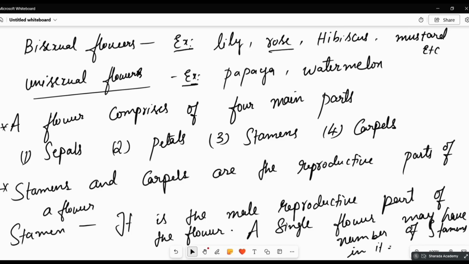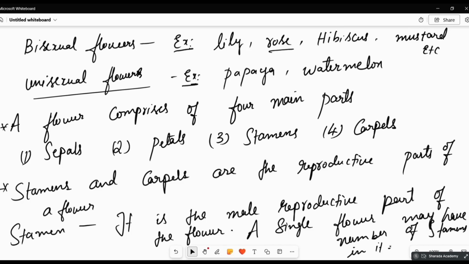Stamens. This is done. So first is the bisexual flowers and the unisexual flowers. Bisexual flowers are the ones which contain both the male and the female reproductive parts. Examples are most of the flowering plants we see, like lily, rose, hibiscus, and all. And the mustard is also a bisexual flower. Unisexual flowers contain either the male or the female reproductive part.